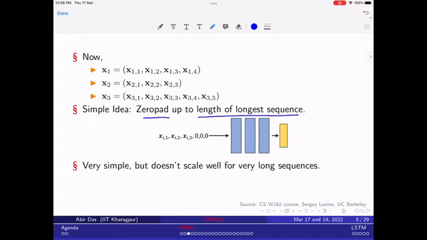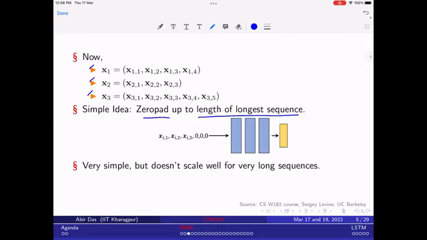What this means is that you take the longest sequence, say the longest sequence has length 6. Whatever your x1, x2, x3, x4, x5, x6 are, these are the sequences, and the number of elements of the sequence, or the number of words of the sentence in another example, is at most 6.